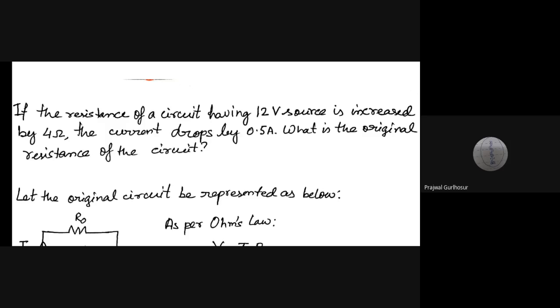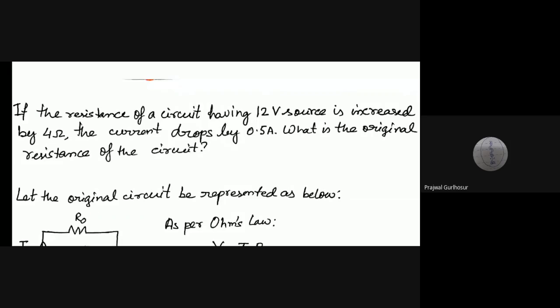I just explained the statement. Suppose the resistance of the circuit having a 12-volt source is increased by 4 ohm, so the current drops by 0.5 ampere. In the first statement, what they have told is that there is a voltage source of 12 volt, right?